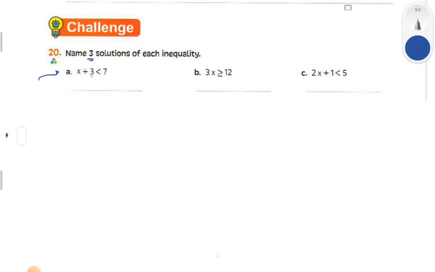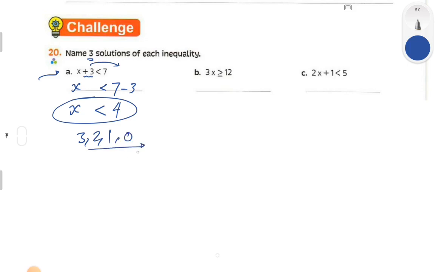I just need to move this plus 3 to the other side. And I learned before, when I move this positive 3 to the other side it will be negative 3. It's the same thing. 7 minus 3 equals 4. Now it's just x less than 4. What's the solution? Less than 4, so go to the left: 3, 2, 1, 0, and so on.